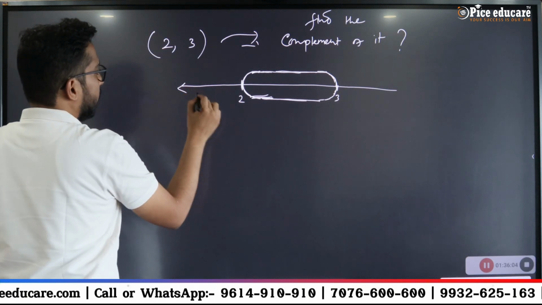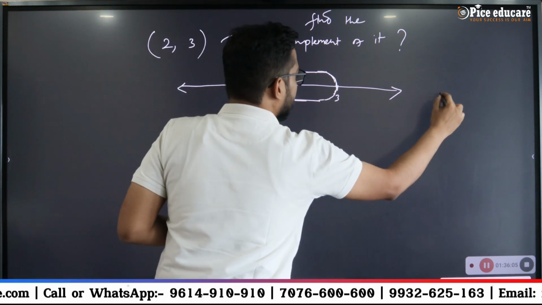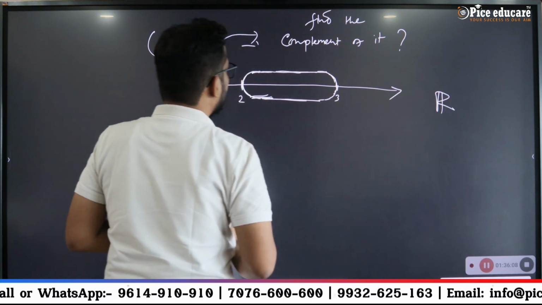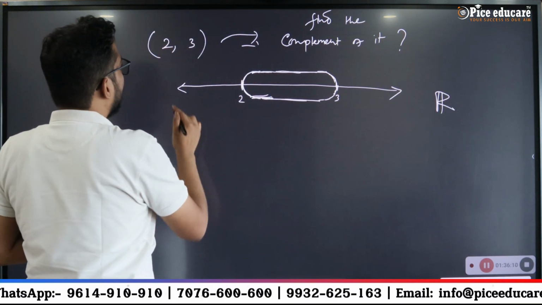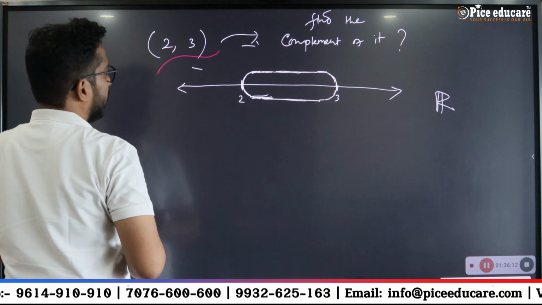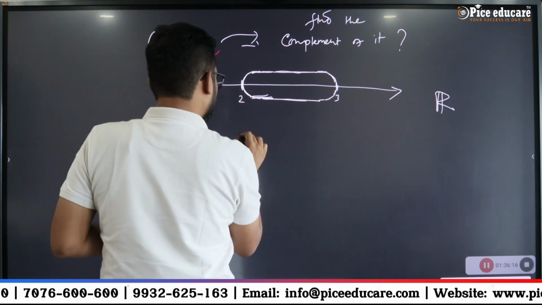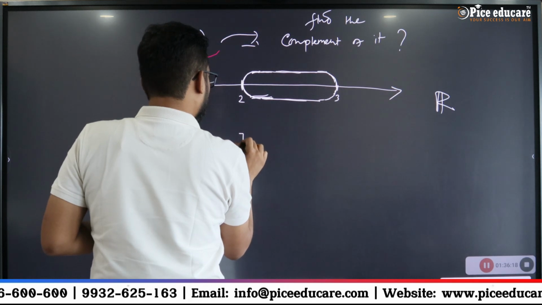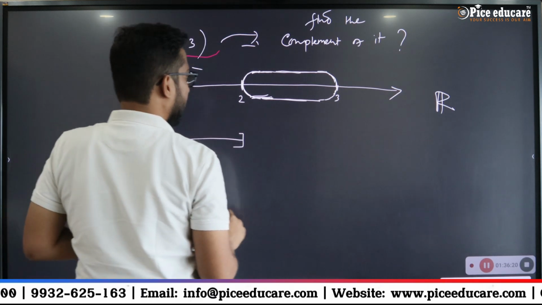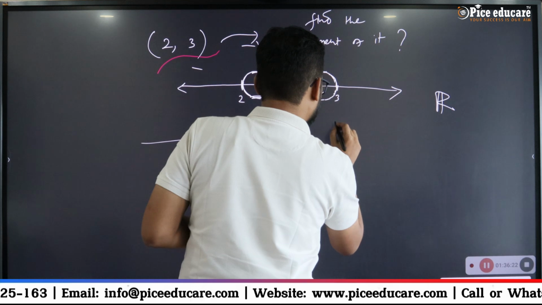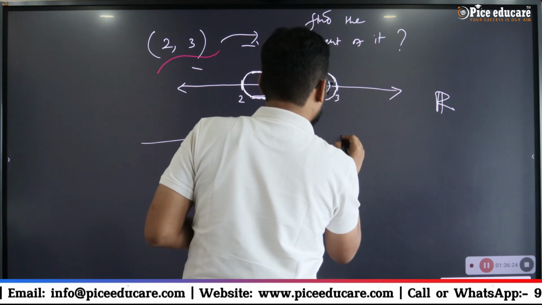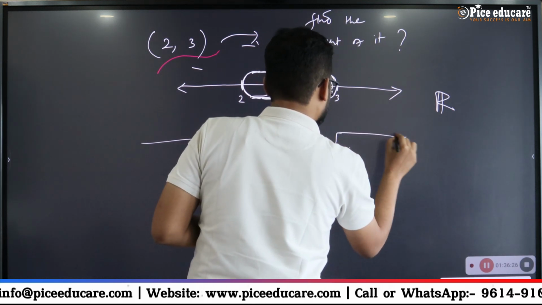Now if the whole real line is my universal set, and I ask you to find the complement of this, what will you do? From this side, this portion you need, and from the right hand side, things bigger than 3, you need this.